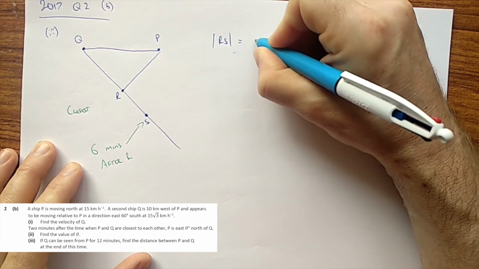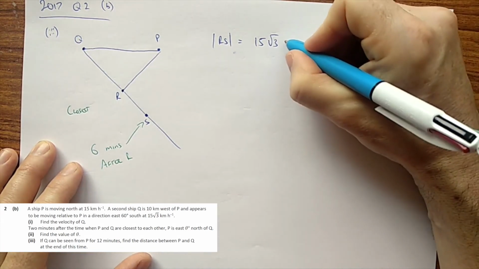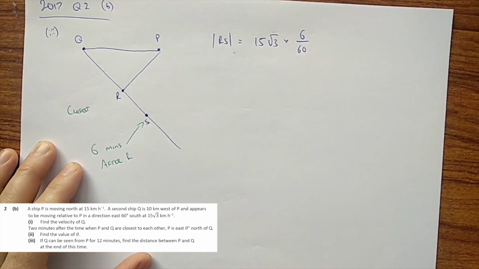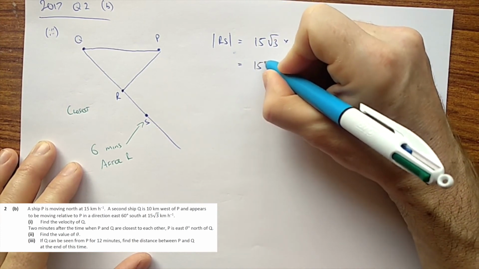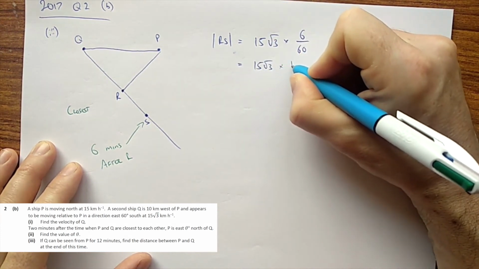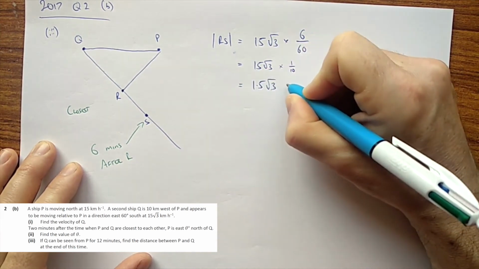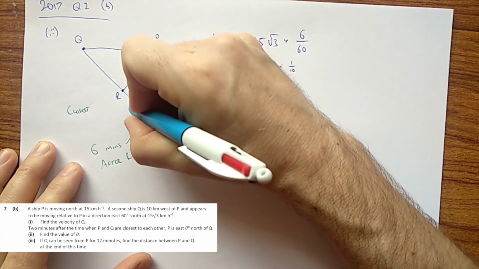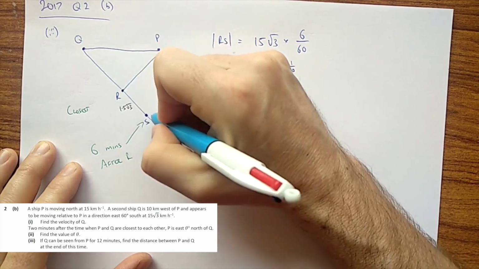OS was going at 15 root 3 kilometers per hour, given that, by 6 over 60. Okay, so that is 15 root 3 by 1 over 10, which of course is 1.5 root 3 kilometers. Okay, so that was 1.5 root 3, there to there.